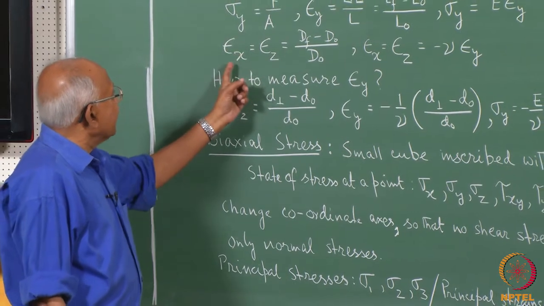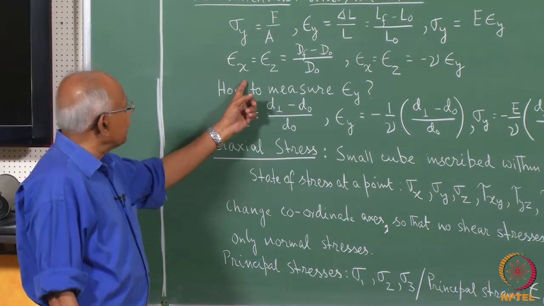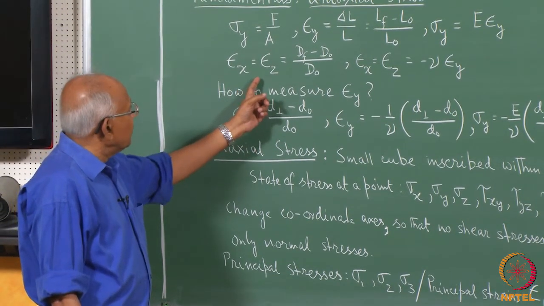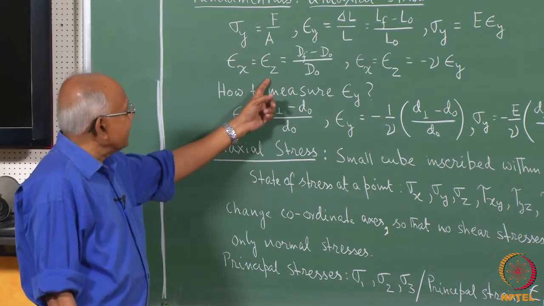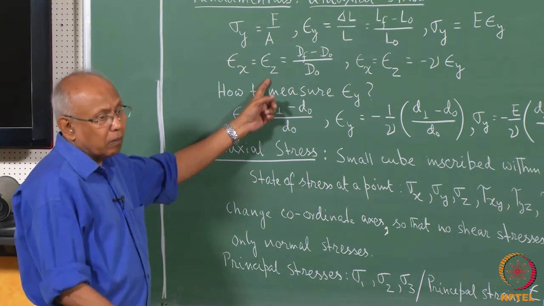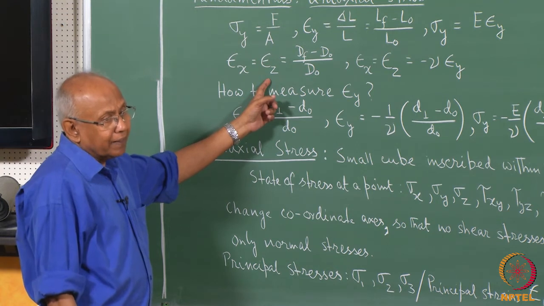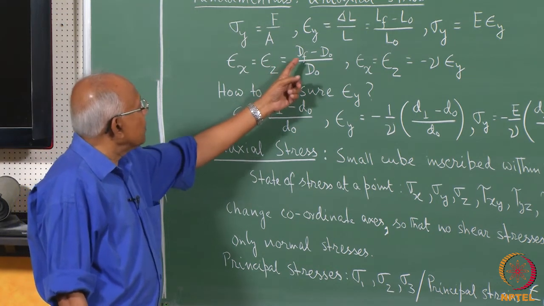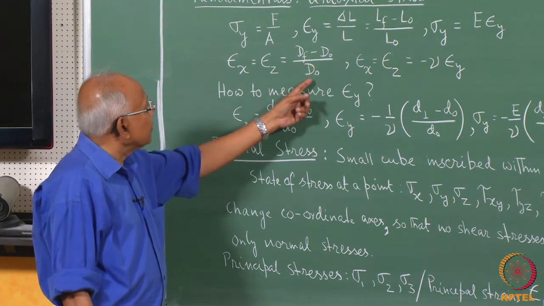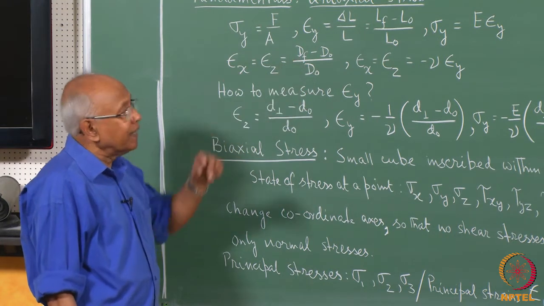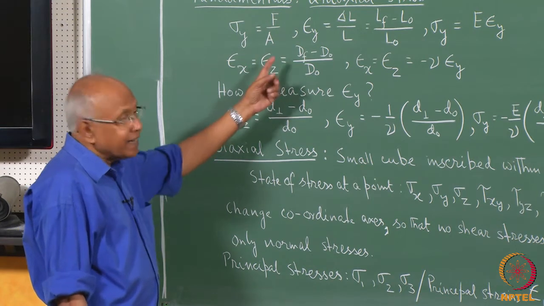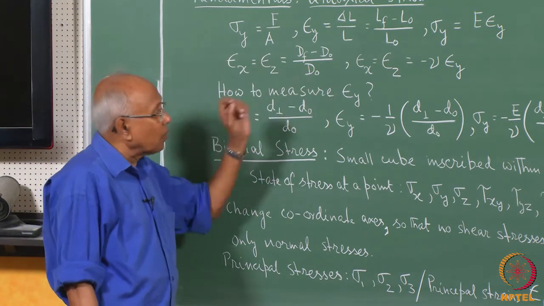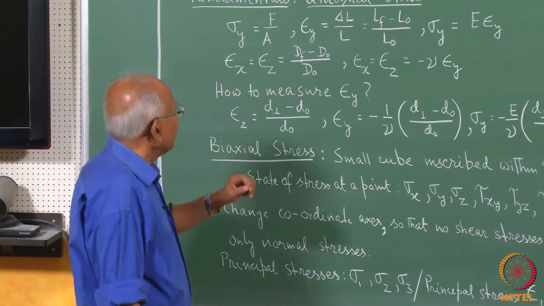So, we know that epsilon x, the strain in the x direction, will be equal to the strain in the z direction, because it is a cylindrical body which has been under a force along the y direction, and that should be equal to d_f minus d_0 by d_0. d_f is the final diameter, and d_0 is the original diameter of the rod.